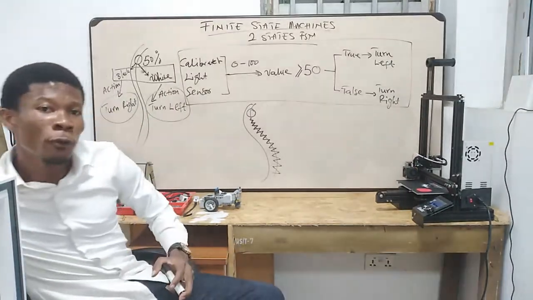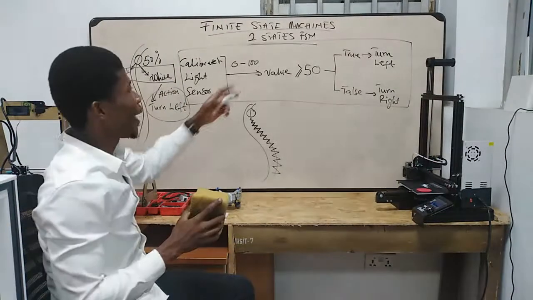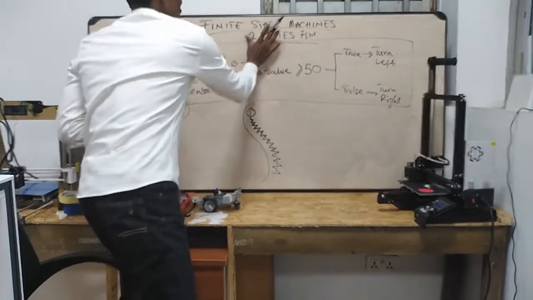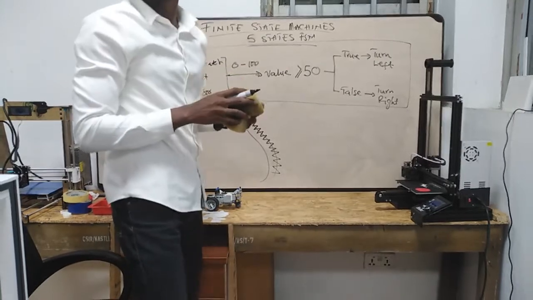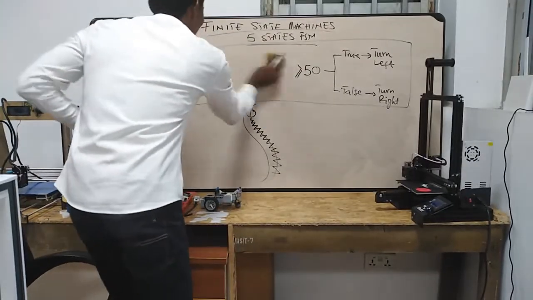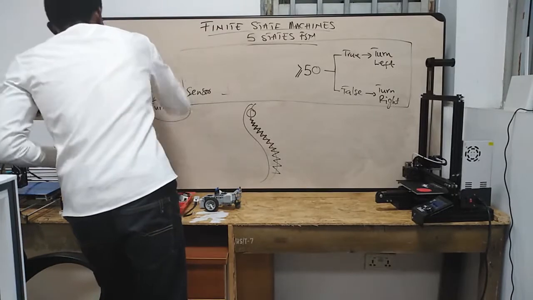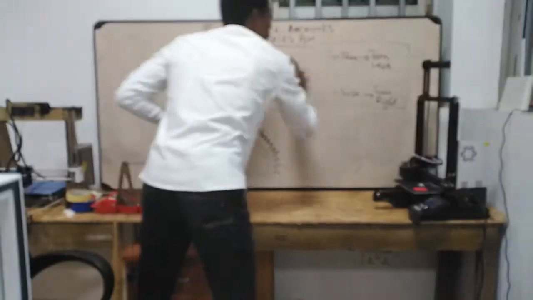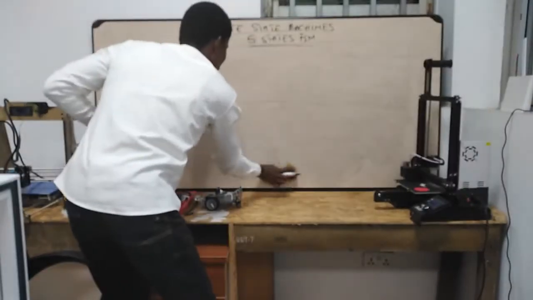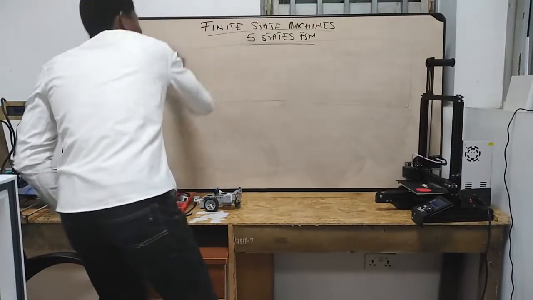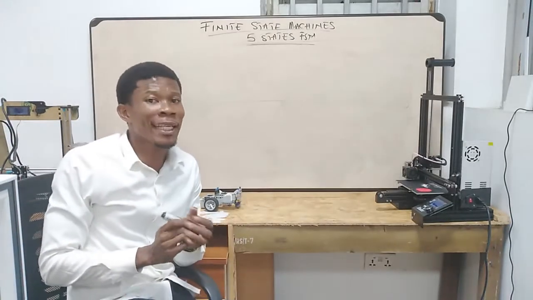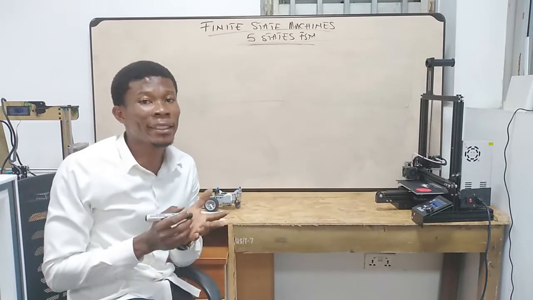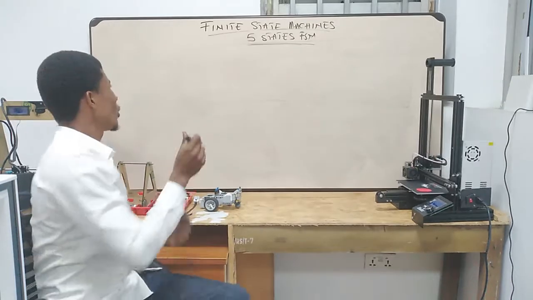So let's try to improve the behavior of this robot by implementing a 5-state FSM. This time we want to give our robot 5 sets of actions from which it will decide what to do. Let's look at this.